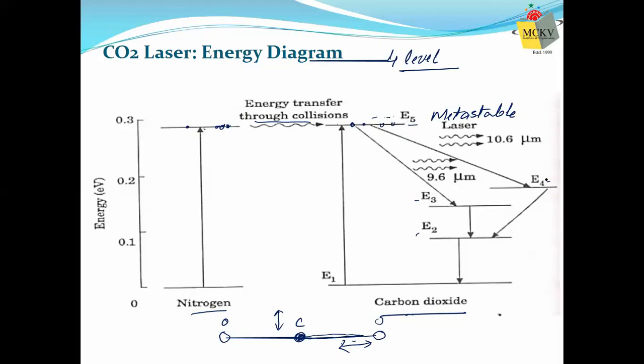That means E4. Yes, population inversion will occur between E4 and E5, but it will occur between E3 and E5 also. That means here lasing is possible between E5 and E4. So some atoms can be de-excited from E5 to E4. Similarly, some atoms can be de-excited from E5 to E3 directly.